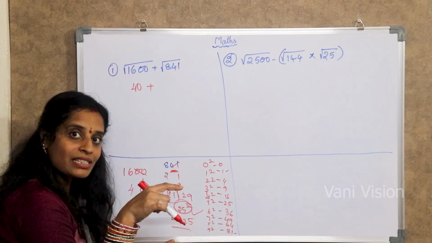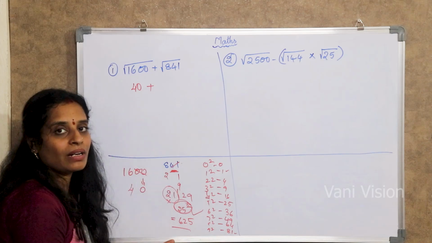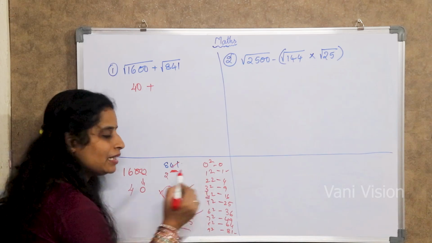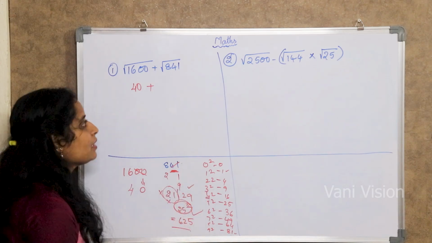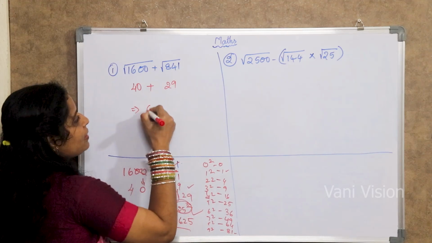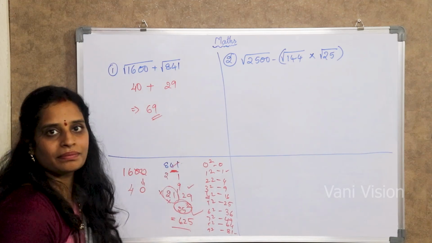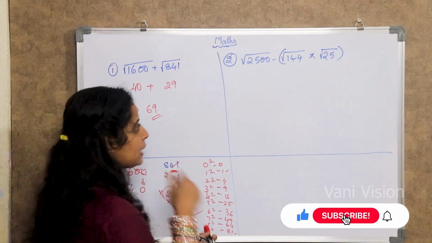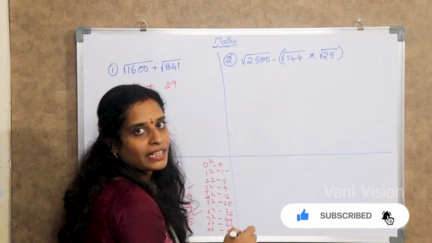So our answer may not be 21. Our answer will be 29. So your answer is 29. Then 69 is your answer. Easy, right? Then next, here root of 2500.